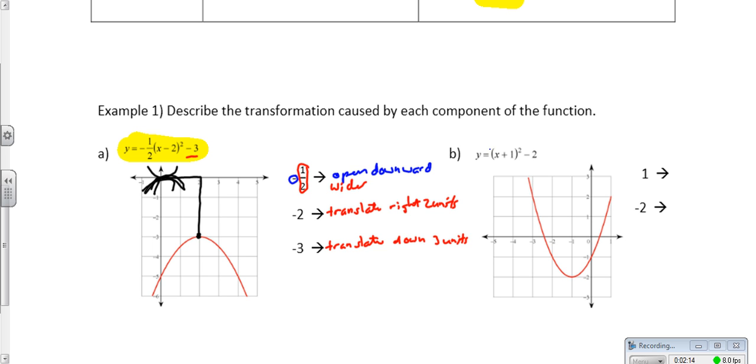Now there's a 1 in front of here, so that means it did not affect the narrowness or the width of the parabola. It's normal. The 1 here is what we're talking about here. What did that do?